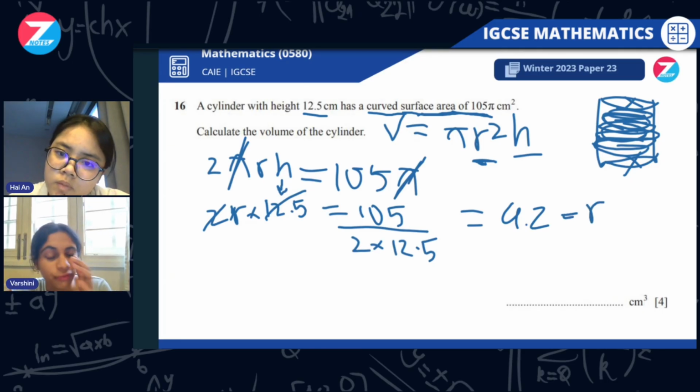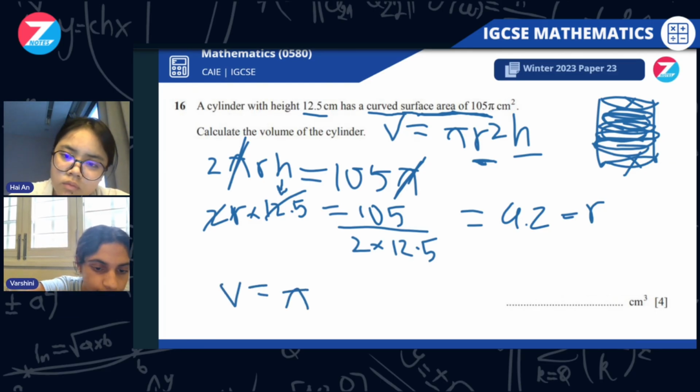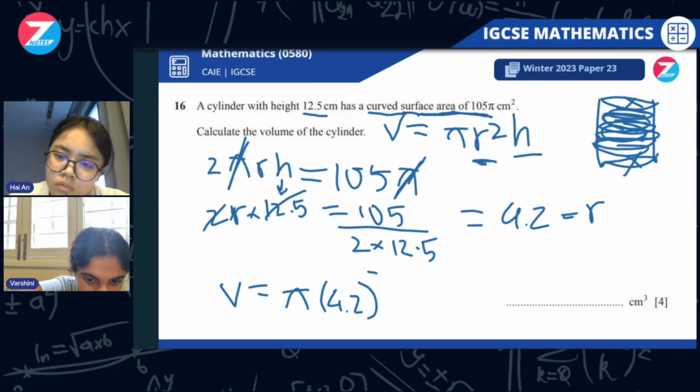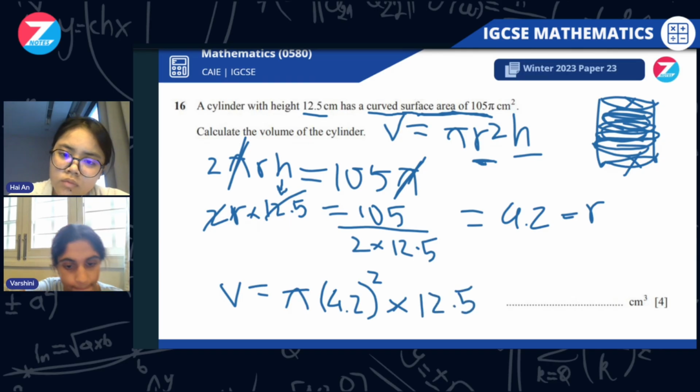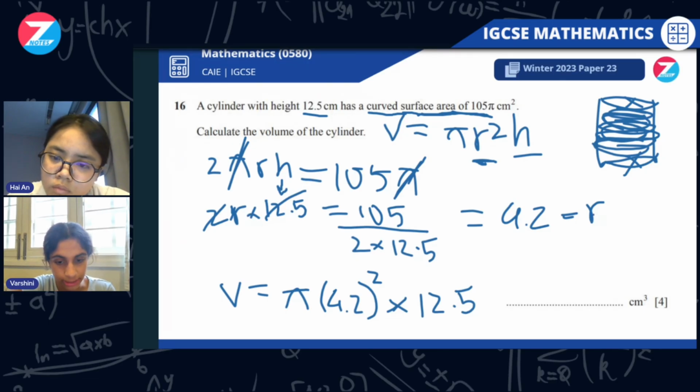So now we know the volume of a cylinder. Let's just substitute in r. So v equals pi times r squared, which is 4.2 squared, times h, which we know to be 12.5. Now if you put that in your calculator, remember again, use the pi button in your calculator, because that's going to give us the most accurate value, which we want.